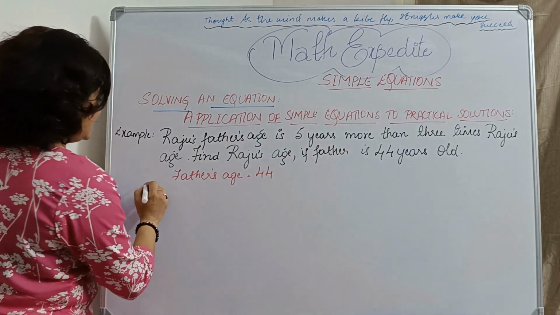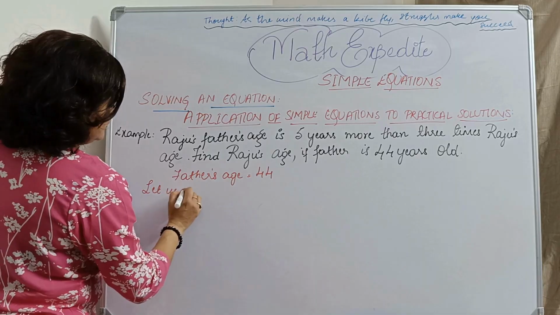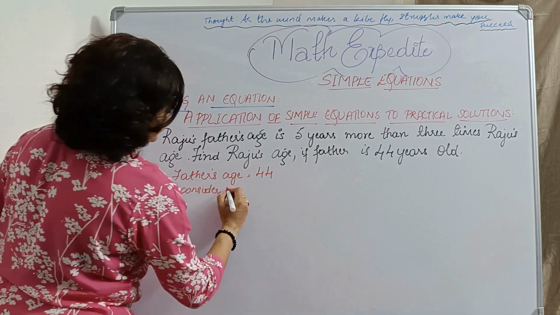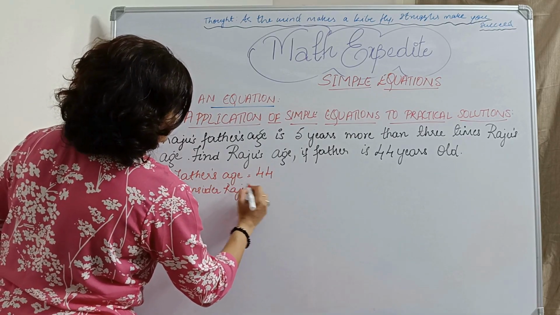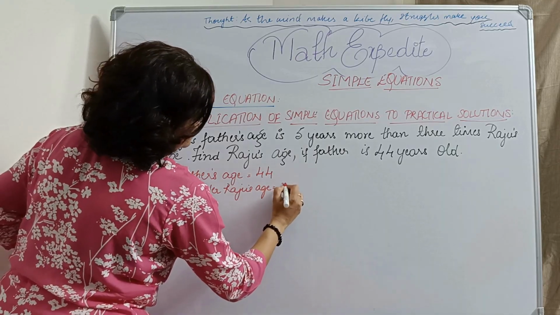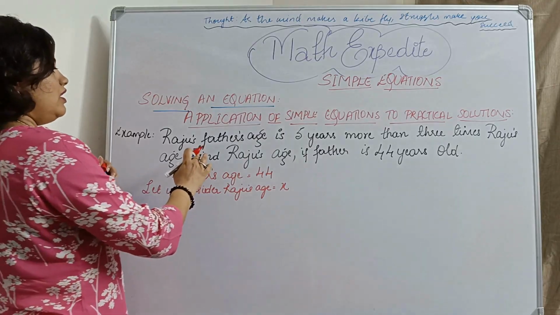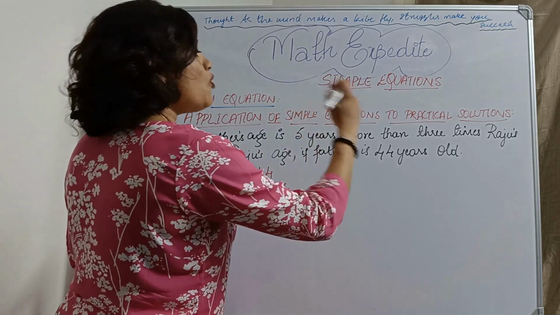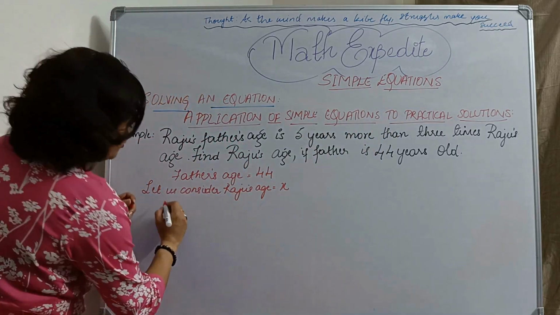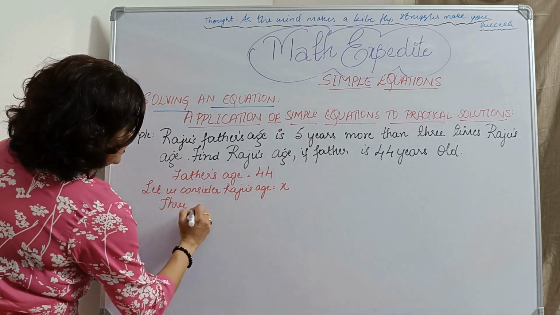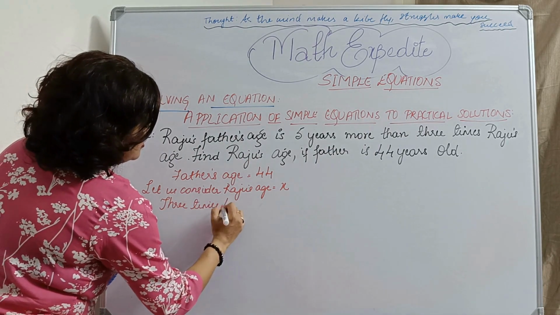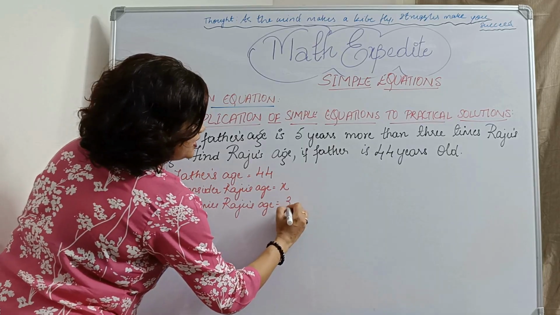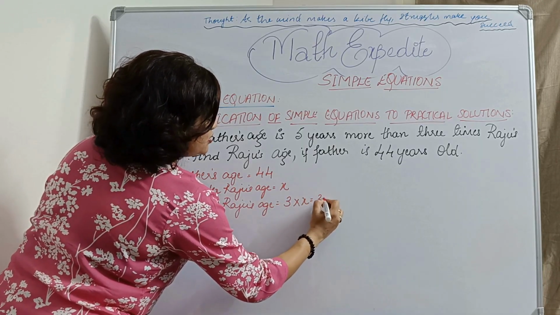Then let us consider Raju's age to be as x. Okay. So here Raju's father's age is 5 years more than 3 times Raju's age. So we will write 3 times Raju's age will be 3 into x, which is equal to 3x.